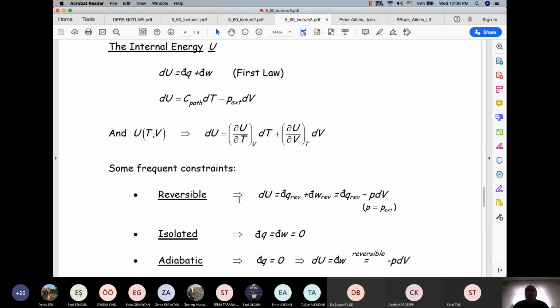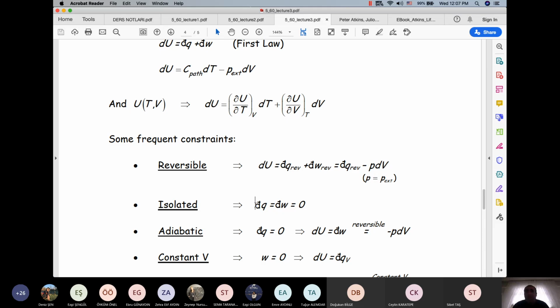okay. So over here, for the reversible process, I know this dq rev and the w rev; in this case, instead of P external, now I can write P system. For isolated systems, there is no heat exchange and no work exchange, so all of them are zero.